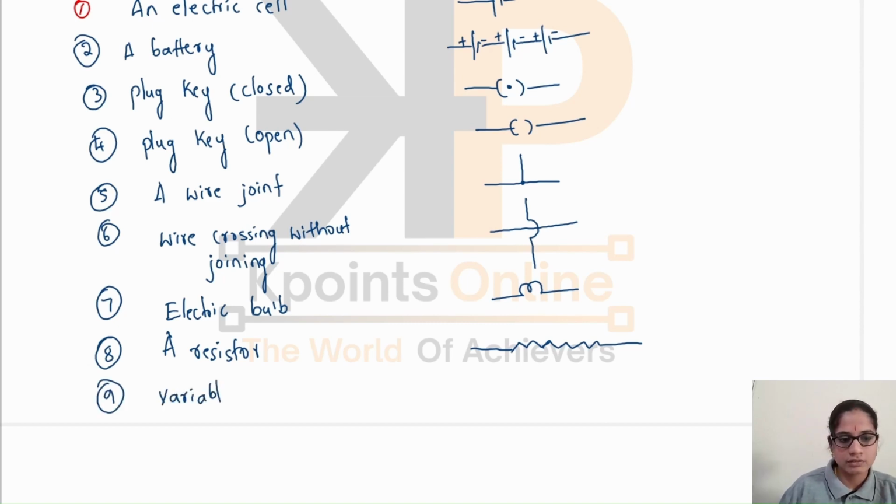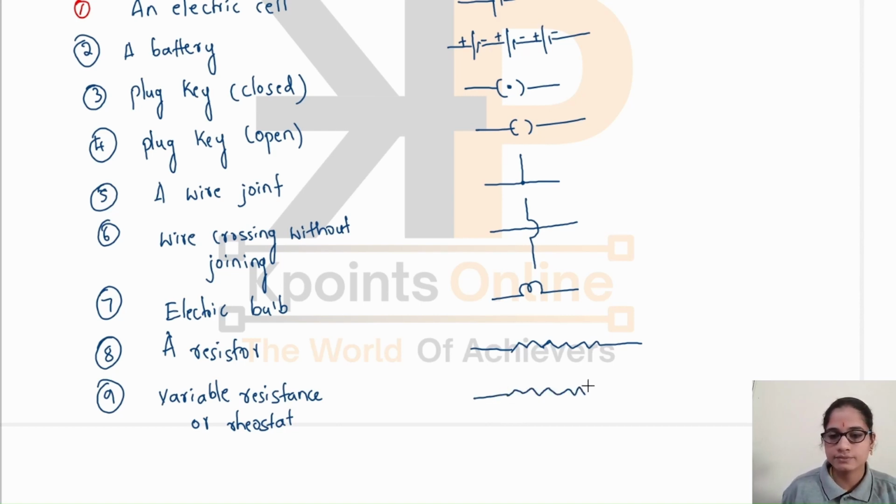Variable resistance, or rheostat, is shown like this. This resistor has variable resistance, so it is called a rheostat.